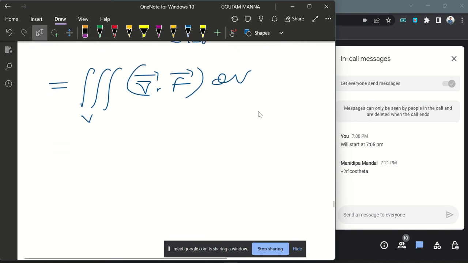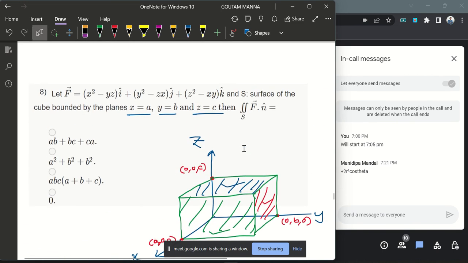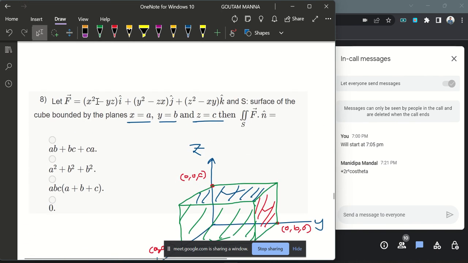Now if we calculate the divergence of F, it will be del x of this quantity, which is 2x, plus del y of this quantity, which is 2y, plus del z of this quantity, that is 2z. This is the divergence of F.